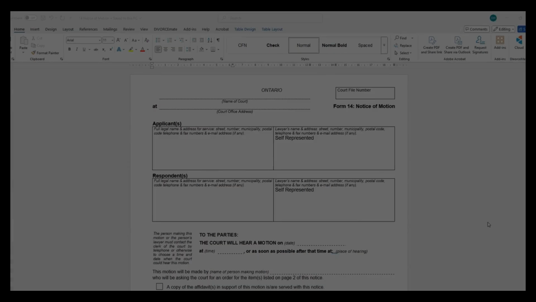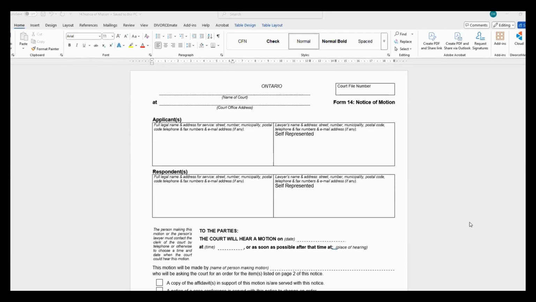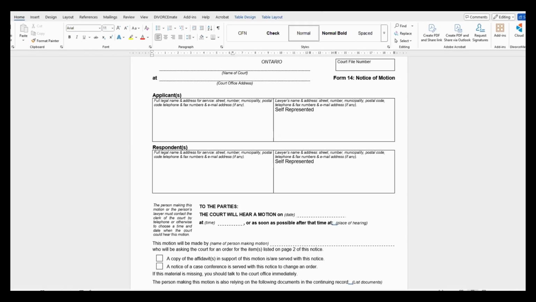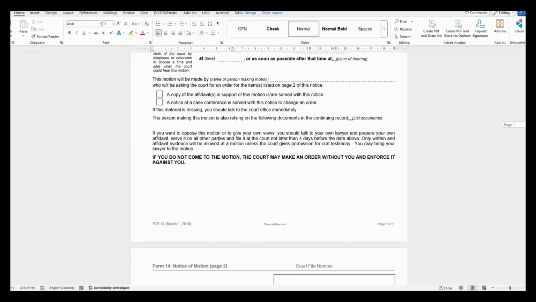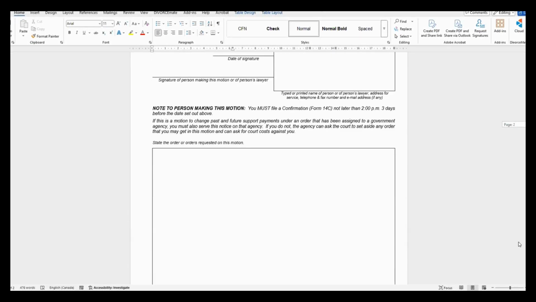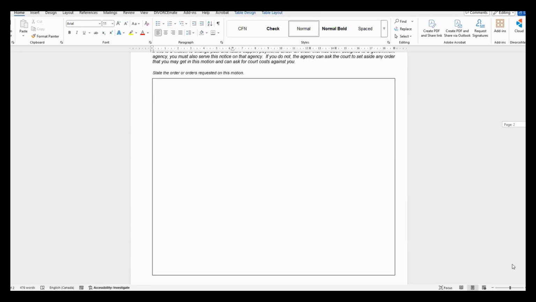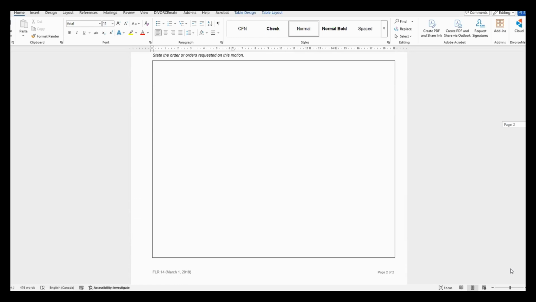So you use the Form 14, which is a notice of motion, instead of the Form 14B. And then you also still need to use the Form 14A. Again, the Form 14, the notice of motion, is the what: what orders am I looking for? And then the 14A is the why: why am I looking for these orders?